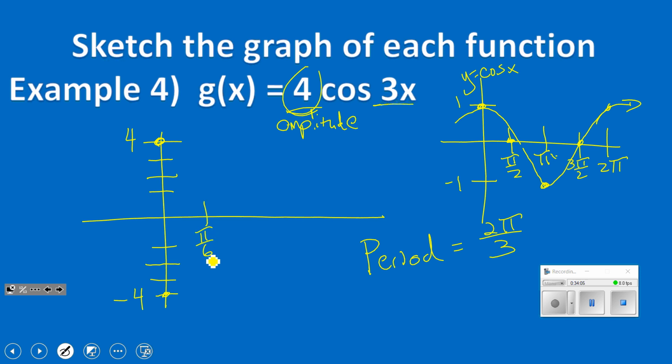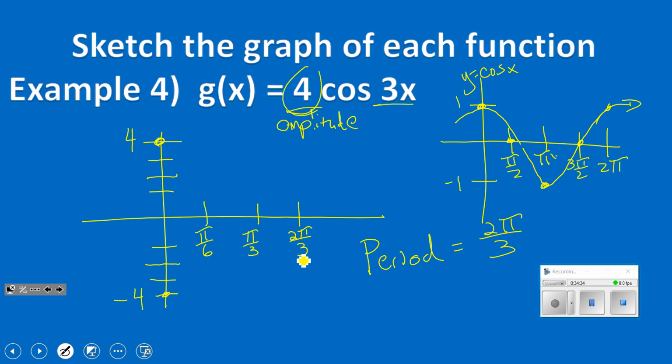Let's do pi over 3. Let's do 2 pi over 3, correct? Does everybody understand that? And so it's going to do one complete wave from 0 to 2 pi over 3.